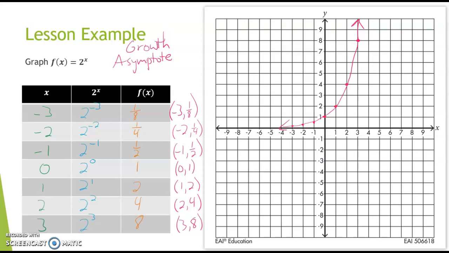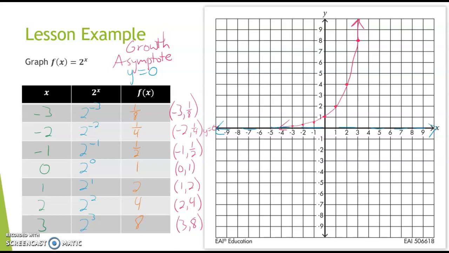So notice that our graph right here is approaching our x-axis, which is y equals 0. It's approaching that line, and it's never actually going to cross that line. So I'm just going to draw that out right there. So our asymptote is y equals 0. So remember, asymptote is where the graph approaches, but it never crosses.